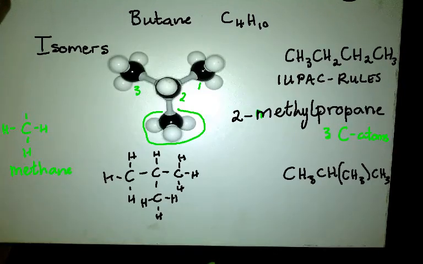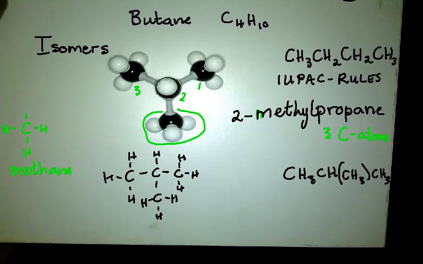This is the only isomer of butane. The longer the chain becomes, the more possible isomers there will be. So the next one I'm going to discuss is the isomers of pentane.